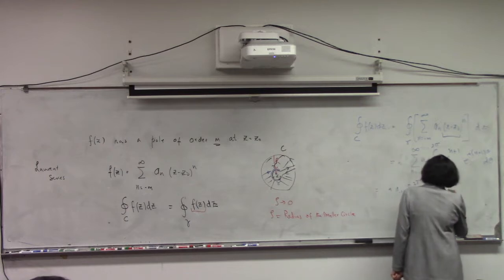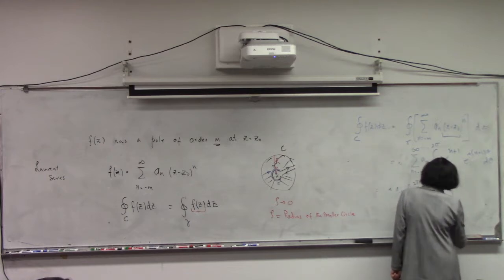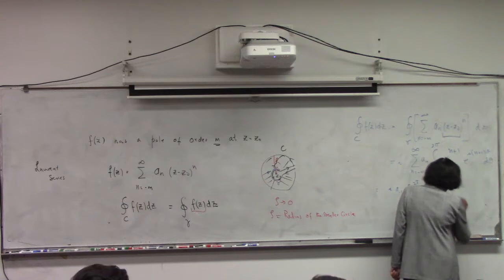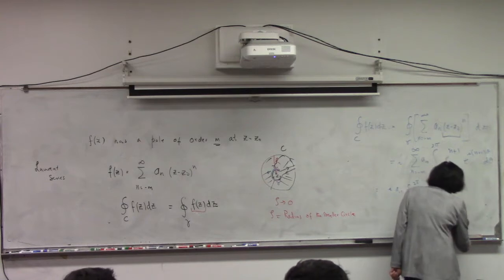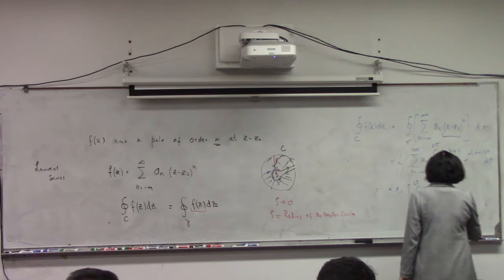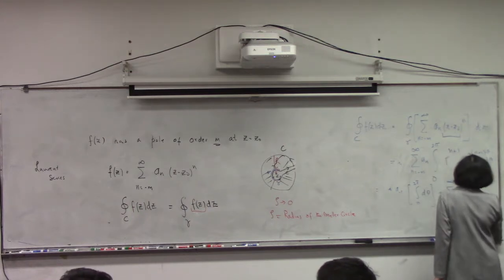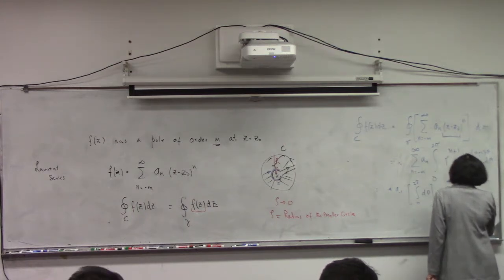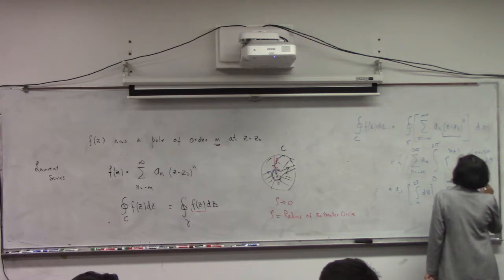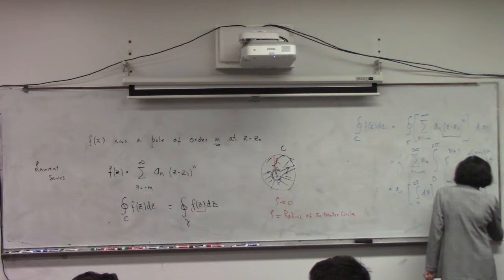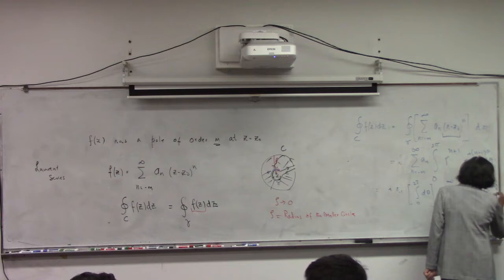And the other term that I have is when n not equal to minus 1, which I'm going to plug in one location. And that is nothing but a sub n, rho to the n plus 1, integral from 0 to 2 pi of exponential of i, n plus 1, theta, d theta.